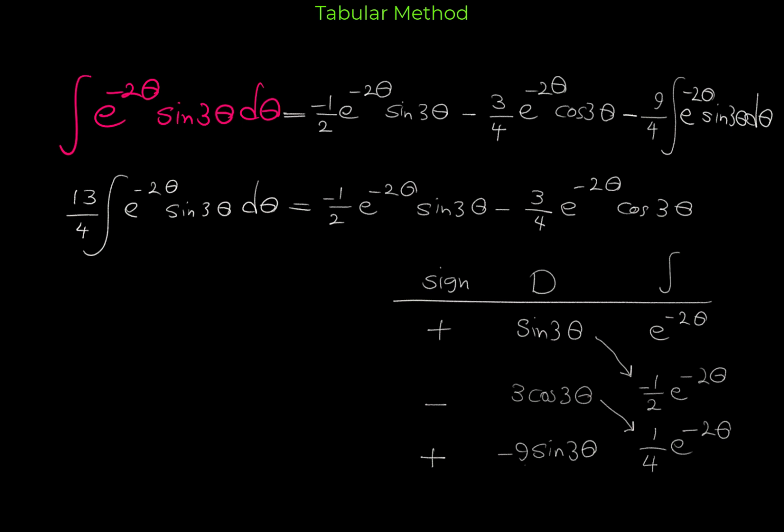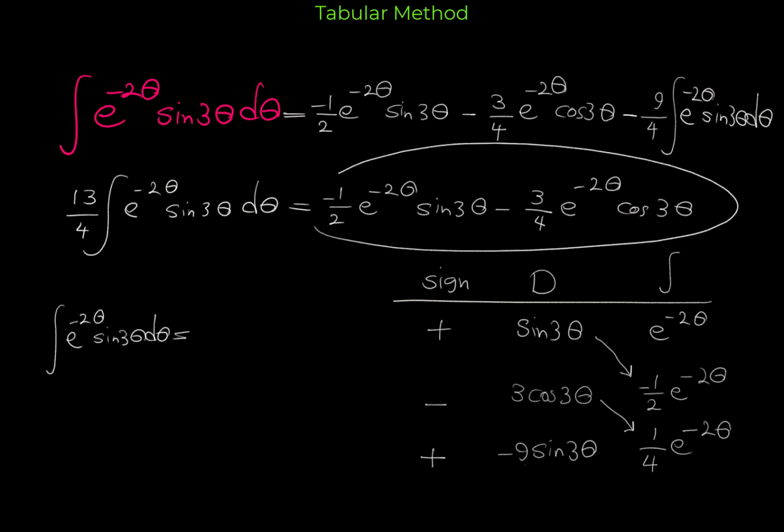The reciprocal of 13 over 4 is 4 over 13. So if we multiply this by 4 over 13, the integral of e to the negative 2 theta sine 3 theta d theta would be, again, we want to multiply this by 4 over 13.